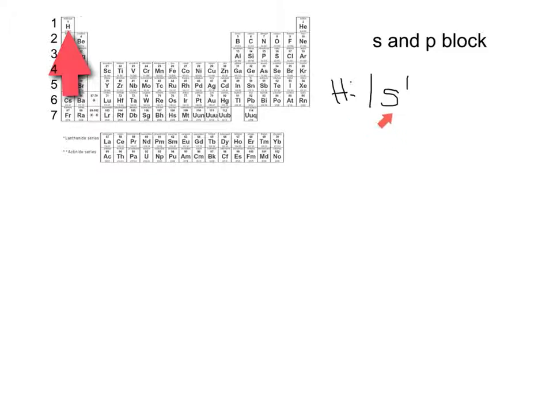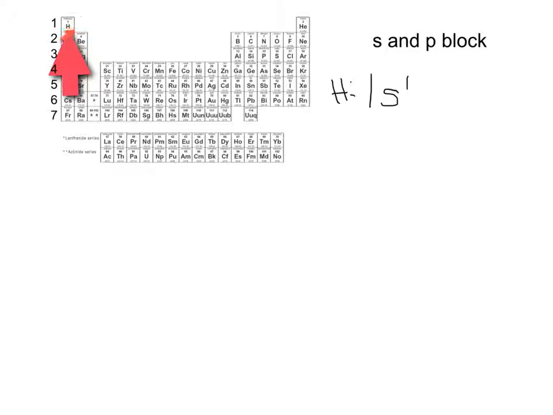The next one is what block is it in? If you remember, this is S block, this is P block, this is D block, this is F block. And hydrogen right now is living in S block, so that's where we're going to start filling its electrons. This last number is how many electrons are there in that orbital. And in this case, hydrogen only has 1 electron, right?